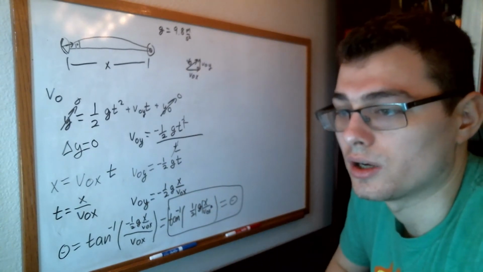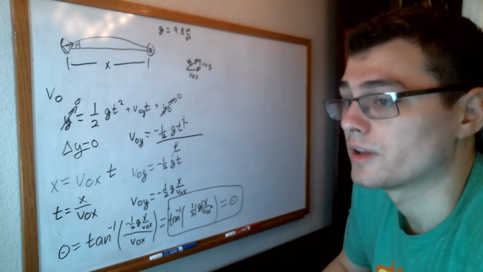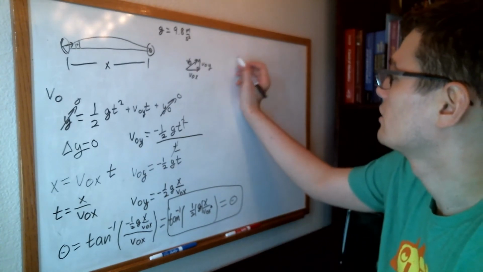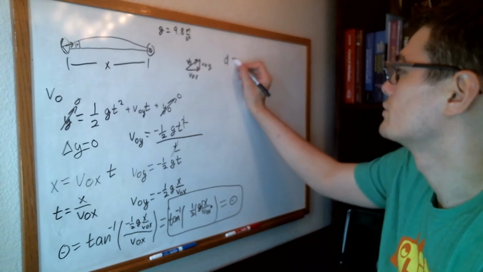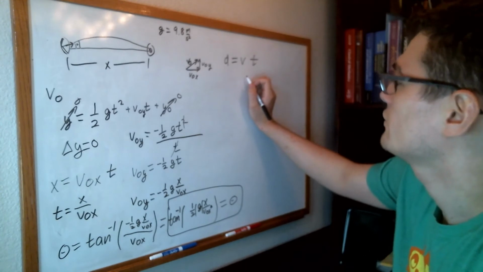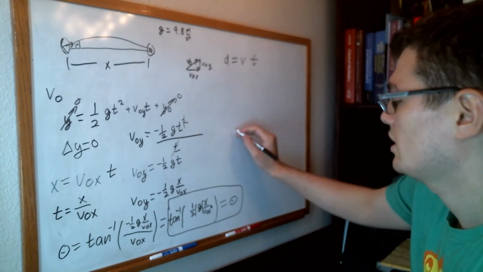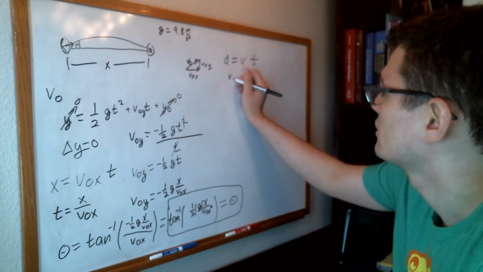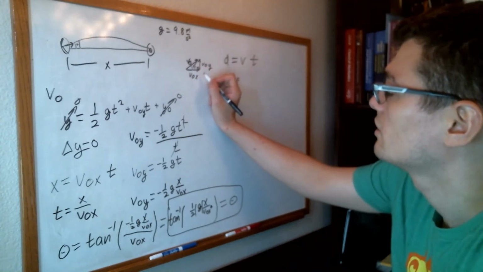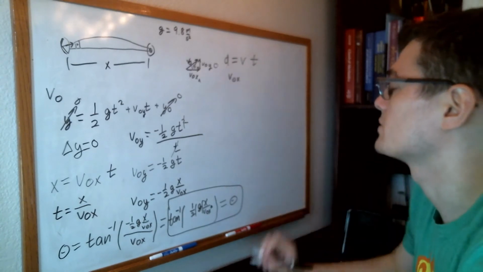And so what we have to do is solve for a certain range that this is going to go. We know our range formula, right, is vt. So we first have to solve for what v naught is going to be. This is going to be our theta here, and so v naught x is our adjacent, and this is our opposite.